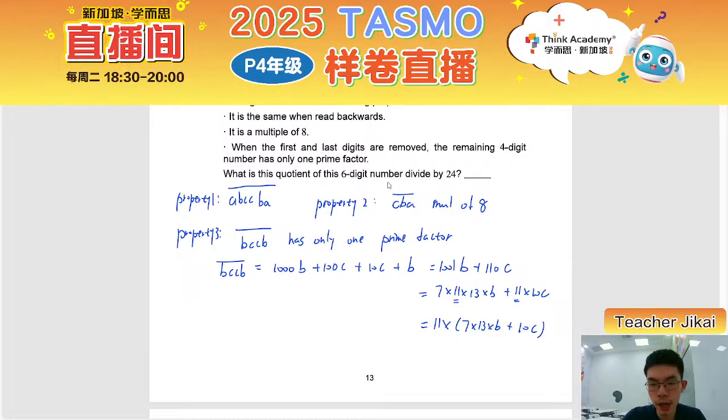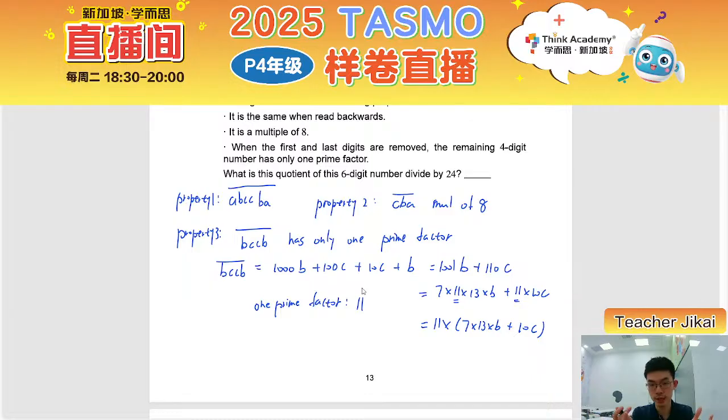So we know this one is BCCB, and it has only one prime factor, right? BCCB is 11 times something. So the one prime factor can only be 11, right? Because we have already got 11 here.